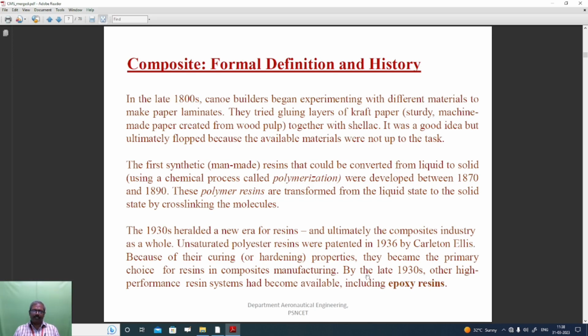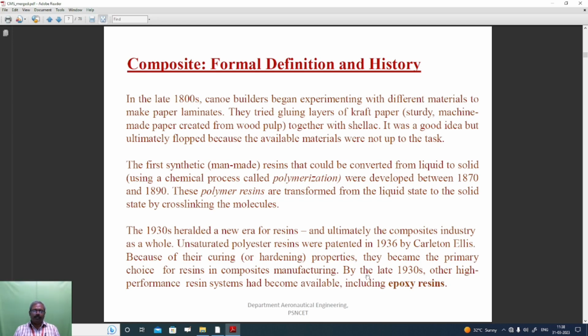The first synthetic, that is man-made, resins that could be converted from liquid to solid, a process called polymerization, were developed between 1870 and 1890. These polymer resins are transformed from the liquid state to the solid state by cross-linking the molecules.